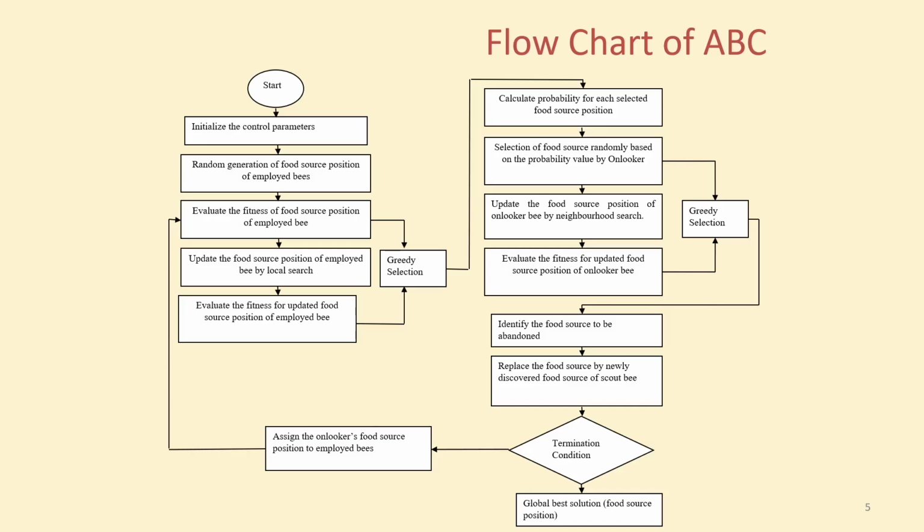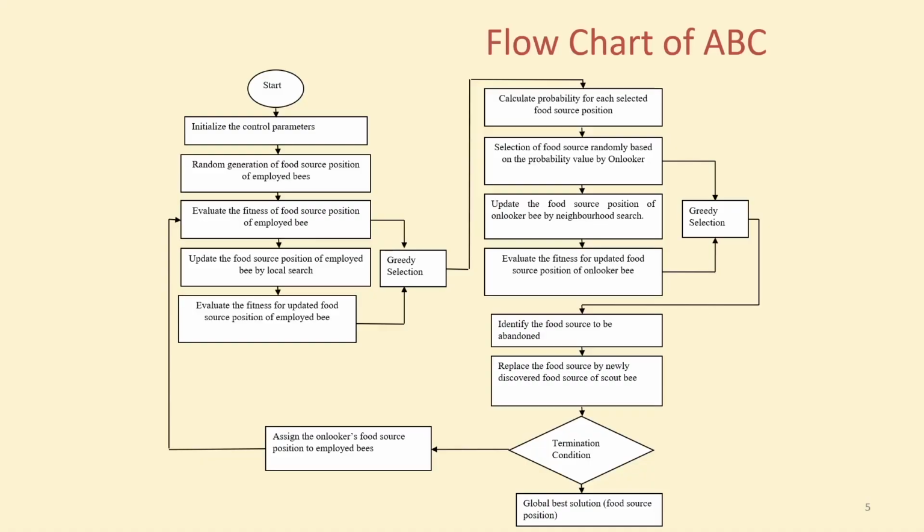After understanding the natural process of how honey is collected by the employed bees, or how the foraging behavior is performed by honeybees in the hive, we track that process, and that process is inspired into an optimization algorithm so that it can be coded in any programming language.